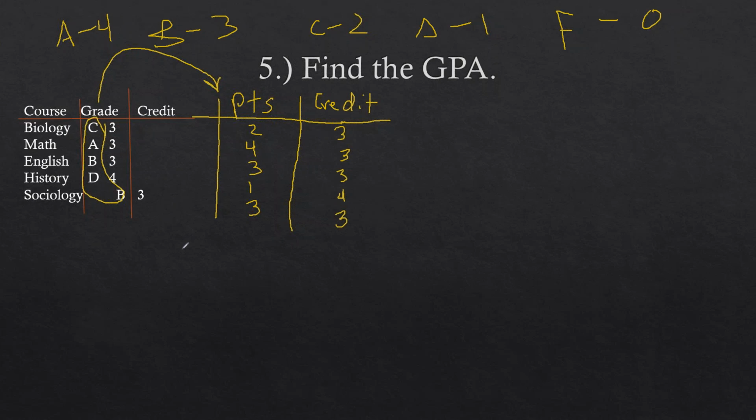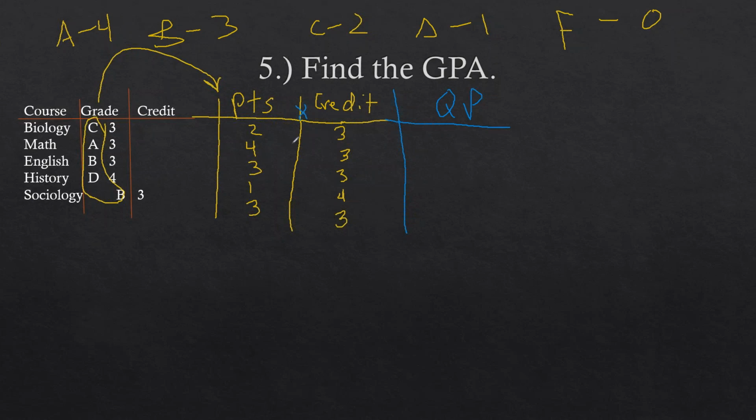Okay, so we know the credits for the course, and we know how many points you earn per credit hour. So, keeping with the same idea of what we've been doing, what am I going to do next? Multiply them together. And it's going to give us quality points, because why would we title it anything different? So when we multiply together, you're figuring out how many total points you're earning for biology.